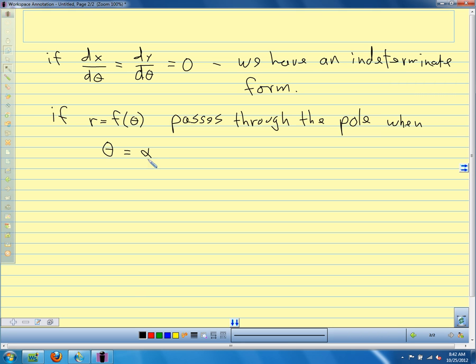Remember, at the pole r equals 0 for any theta, but for our graph, if it passes through the pole when theta is some particular value alpha, and f prime of alpha is not equal to 0, so dr d theta is not 0 when theta equals alpha, our formula simplifies and we get dy dx equals tangent alpha.